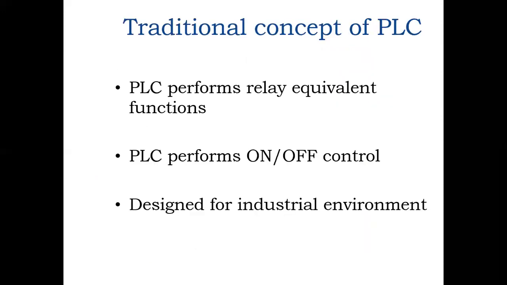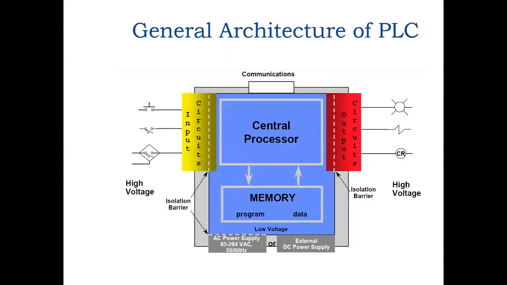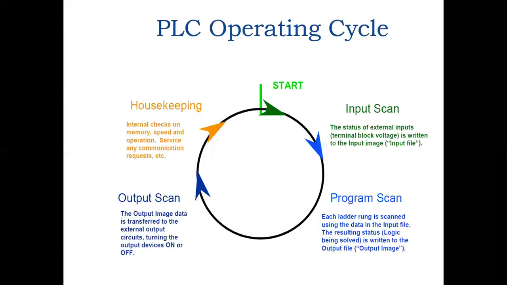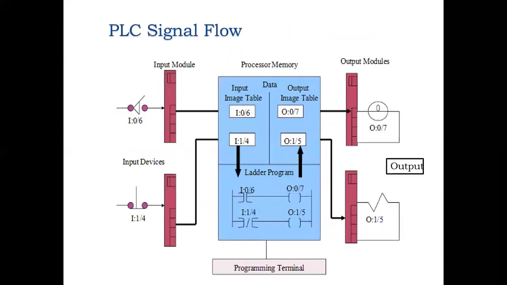So the traditional concept of PLC: PLC performs relay replacement functions. PLC performs on-off control designed for industrial environments. This is the general architecture. This is the operation cycle of PLC: input scan, program scan, output scan, and housekeeping, where the output is defined for the application.